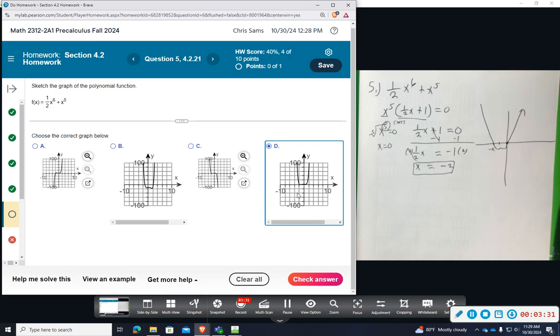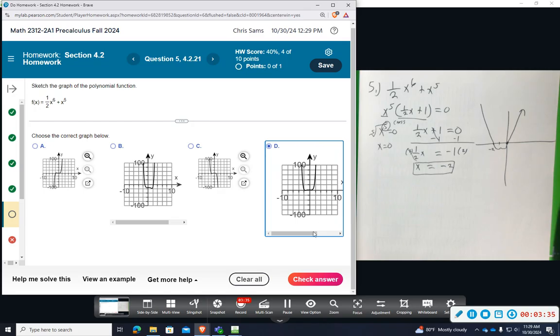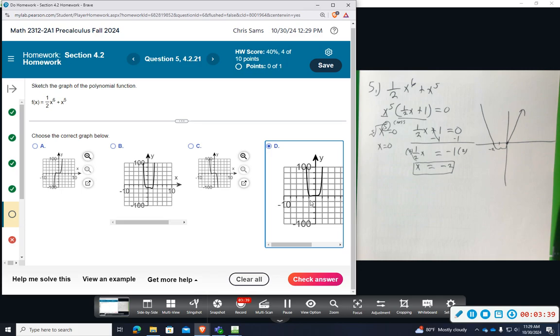And let me see if we can zoom in a little bit more to see what these are. This one doesn't look like it's crossing at all. If I count tick marks 2, 4, 6, 8, 10, if each of these are counting by 2, this one doesn't appear to go through this line at -2.